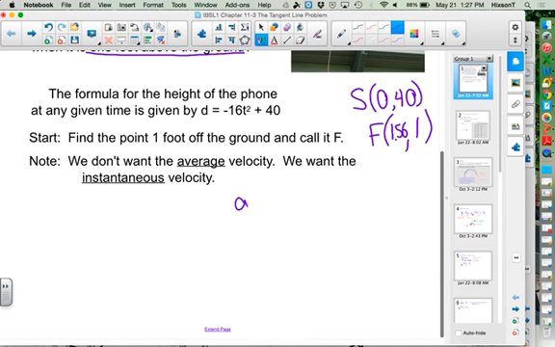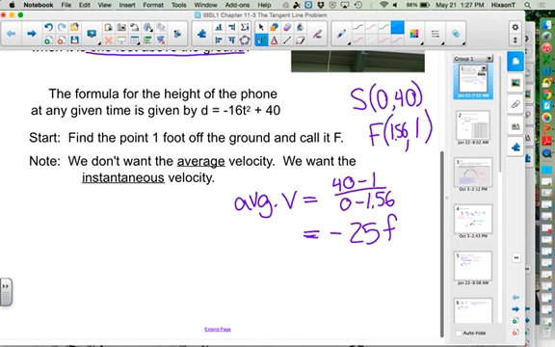So the average velocity is going to equal 40 minus 1 over 0 minus 1.56, which is 39 over negative 1.56. So we get negative 25 feet per second. Now is that the speed we're looking for?